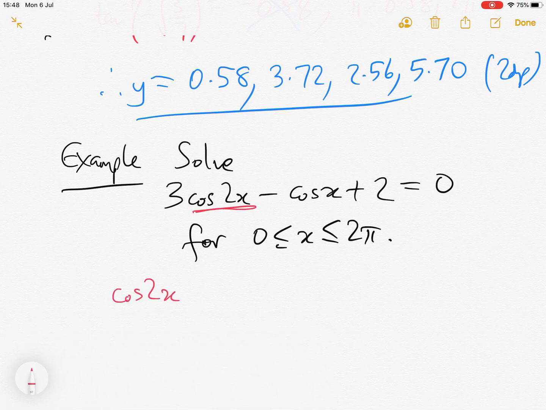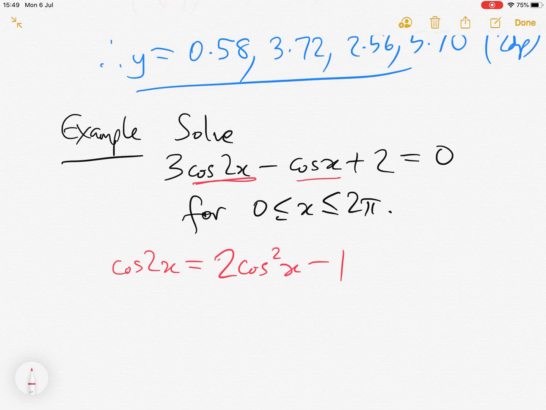So recall that cos 2x, well, there are lots of formulas you can use, but notice because we have a cos x here, it probably makes sense to write cos 2x solely in terms of cos x. So the best formula to choose would be 2 cos squared x minus 1, because then we'll get a quadratic in cos x.